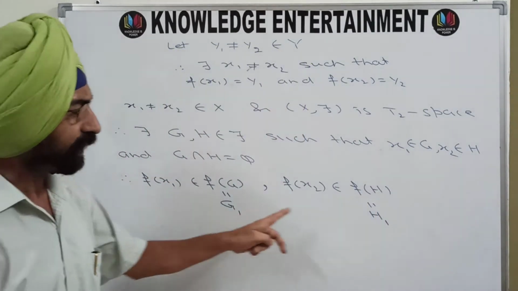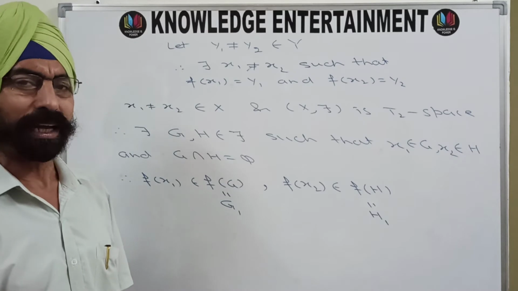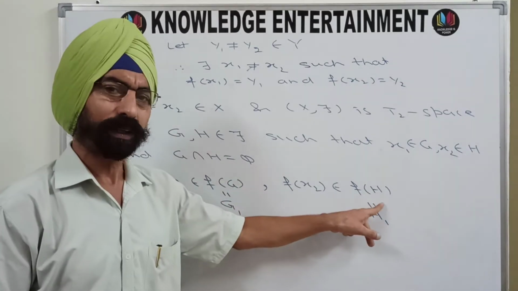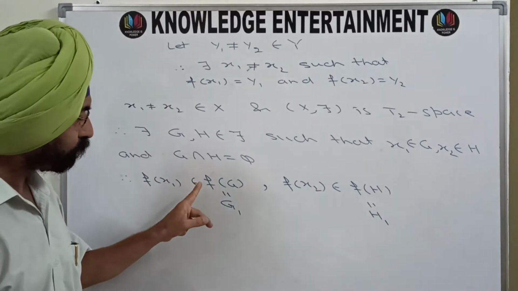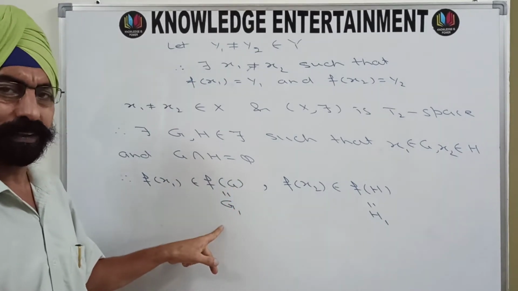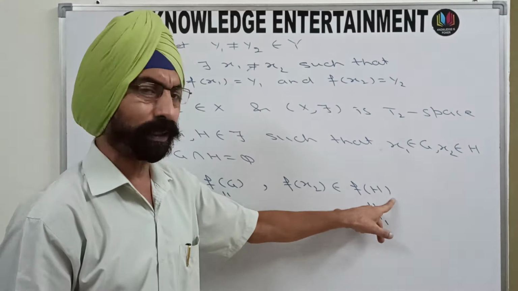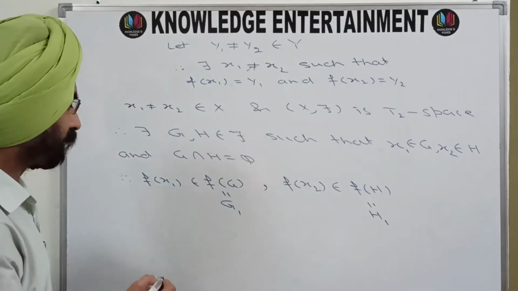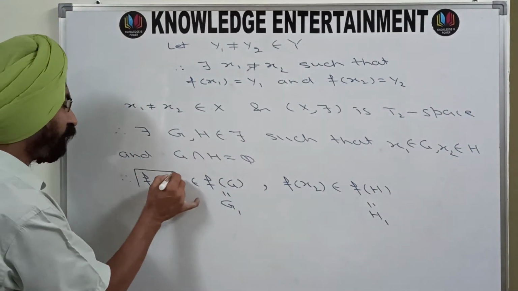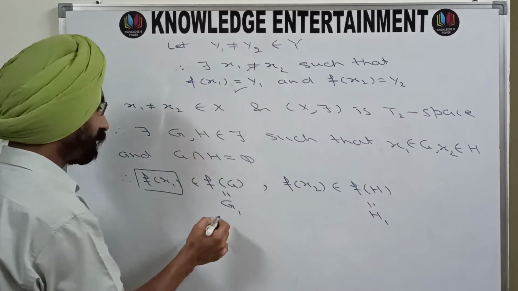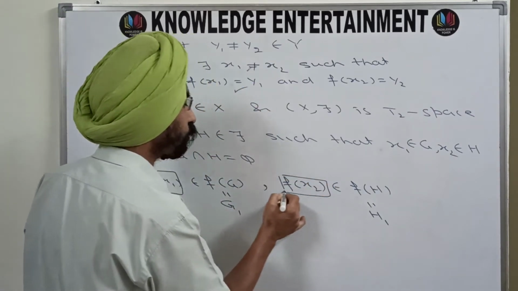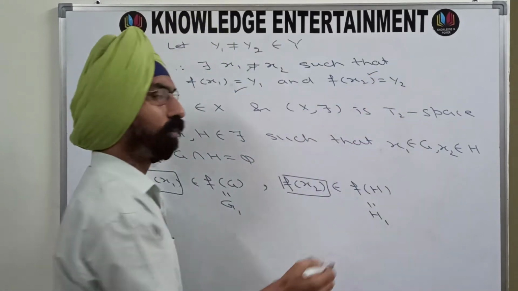Now these G1 and H1 are both open sets. Why? Because G and H are open and F is an open map. F is an open map, so f of G will be open, that means G1 is open, and f of H is open, that means H1 is open. On the other hand, this f of x1 is y1, and this f of x2 is y2.